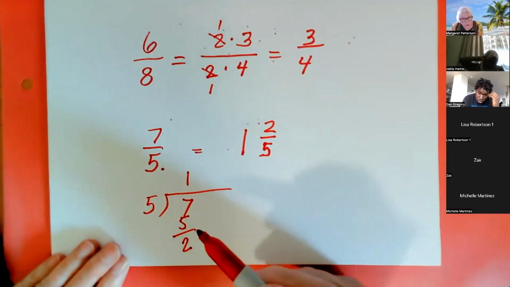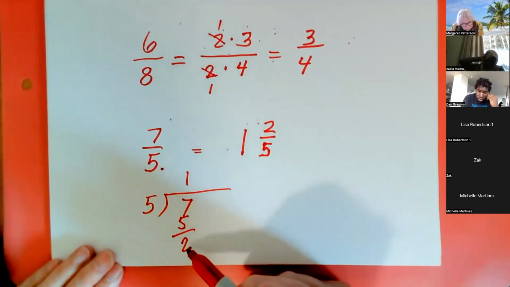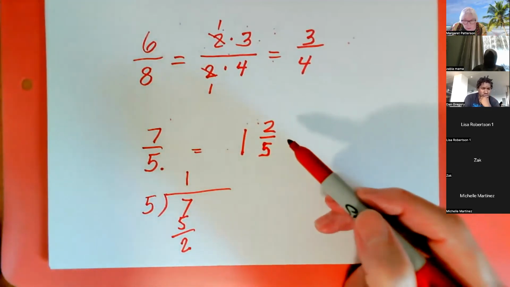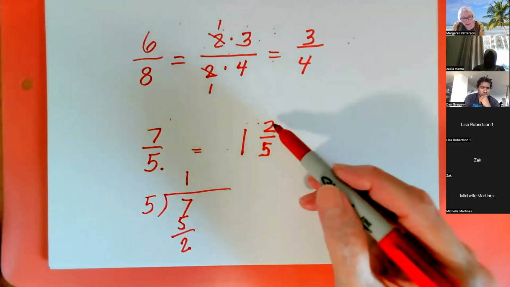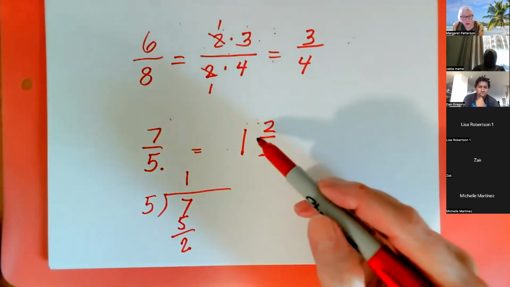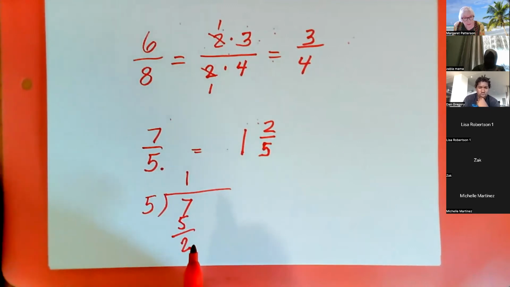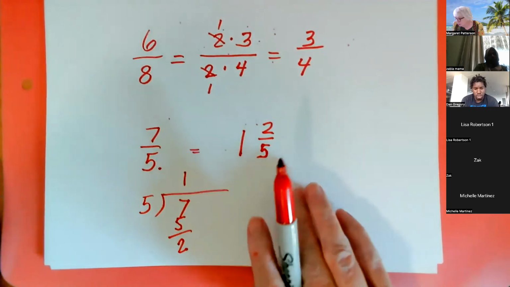How many left over? 2 over 5. And so instead of saying remainder, we're actually going to write it as a fraction. 1 2/5. Have you done this before? Let me do another one.